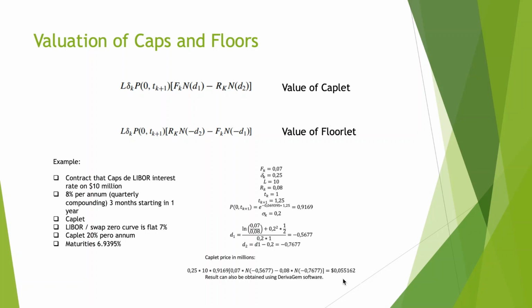So the caplet price in millions is 0.25 times 10 times 0.9169 times [0.07 N(-0.5677) minus 0.08 N(-0.7677)].